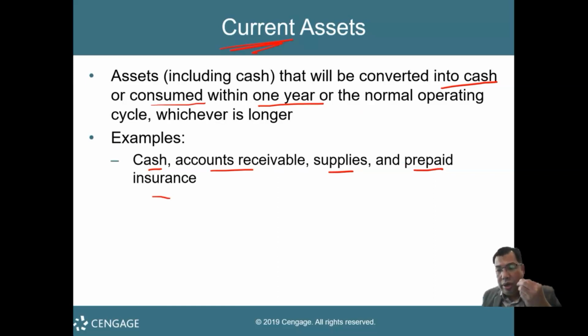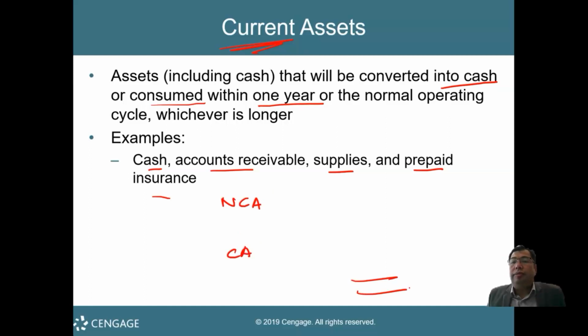Why? Because you can convert it into cash, or you can use it within 1 year, less than 12 months. That's the easiest definition. Any asset that can be converted or consumed within 12 months, within 1 year, falls under current asset. So you need to distinguish your assets into non-current asset and current asset.